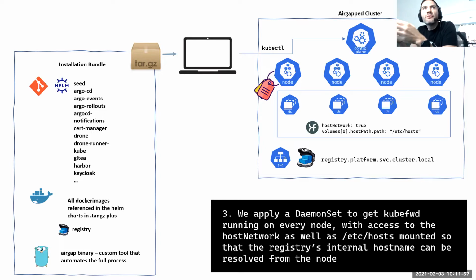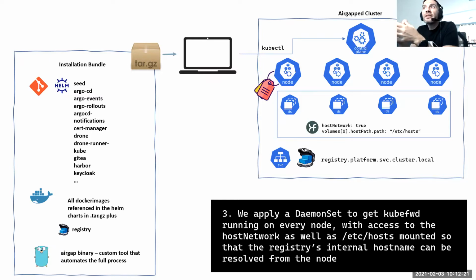So that there is a kube forward container running on every node in the cluster. And we expose the service to the node using kube forward. And kube forward has this little hack that it basically creates an /etc/hosts entry for every service that it's exposing at the node level, right?